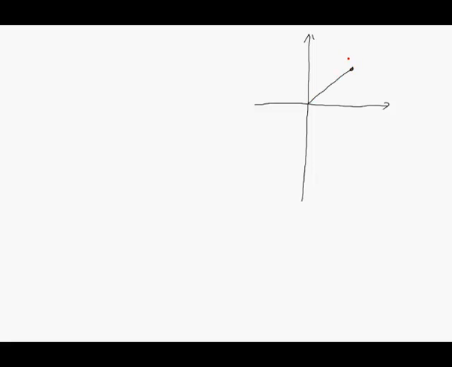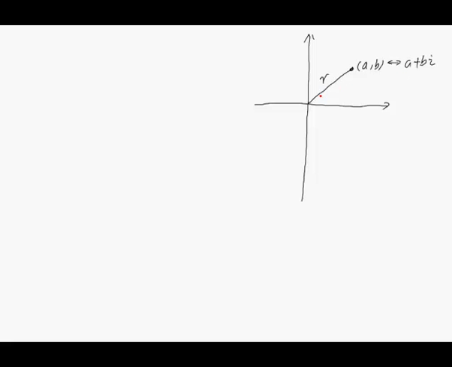So you have one point (a, b), and this is the same as the complex number a plus bi. Then this is the modulus of this complex number.